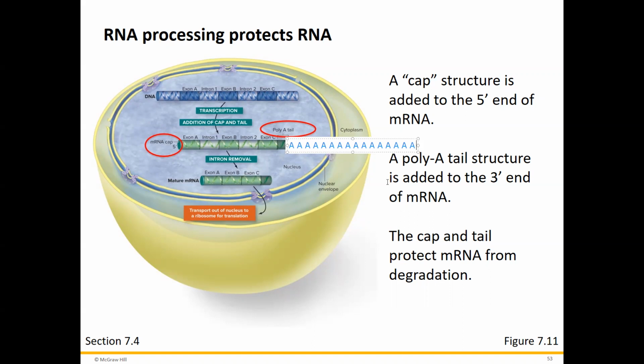Both the cap and the tail are forms of protection for the messenger RNA. The minute this transcript gets out into the cytoplasm, even going through the pore, there are enzymes everywhere.